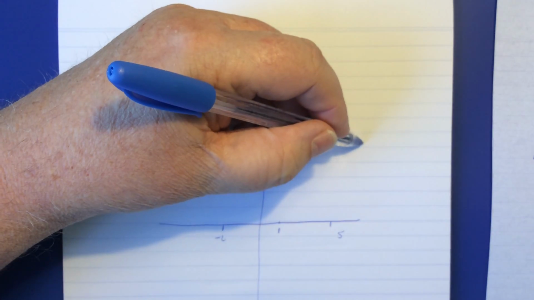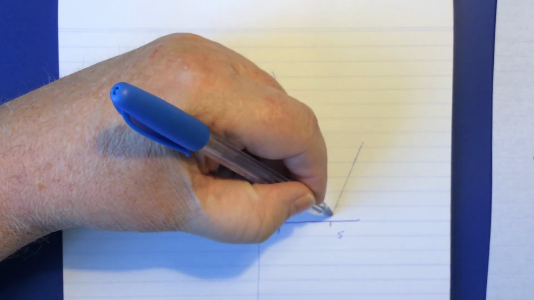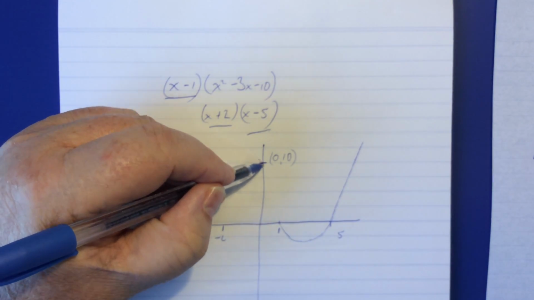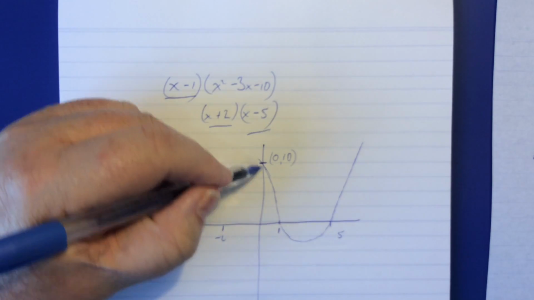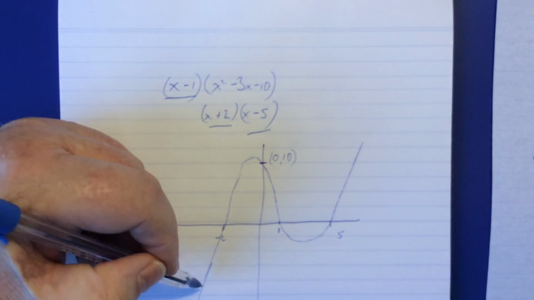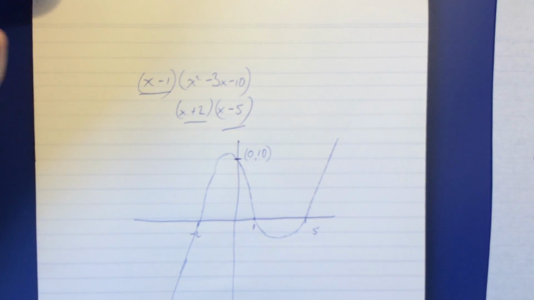So let's just start sketching. So say I'm joining dots. And that is very roughly what this cubic would look like.